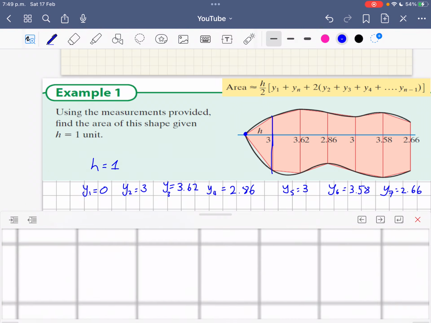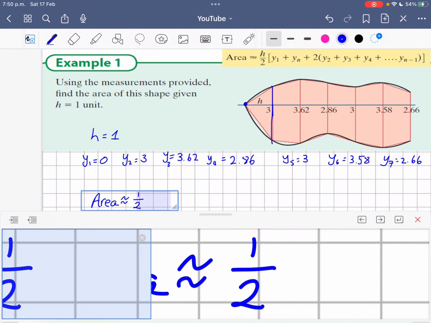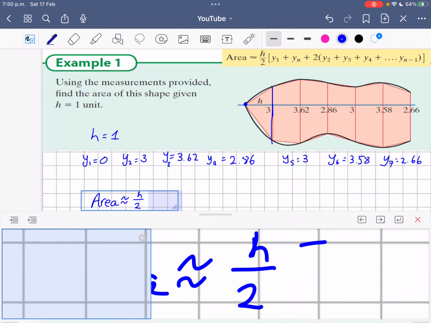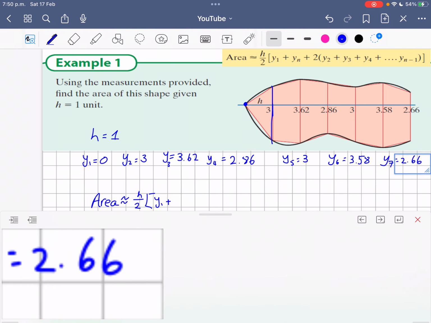So then if we fill into your formula, first I would write out the formula. Area is approximately equal to 1 over 2. Or I could actually write h over 2 this time. y1 and our last y number is y7.